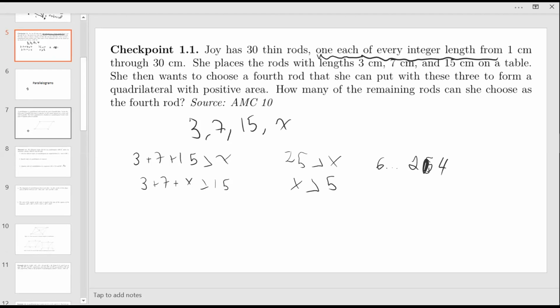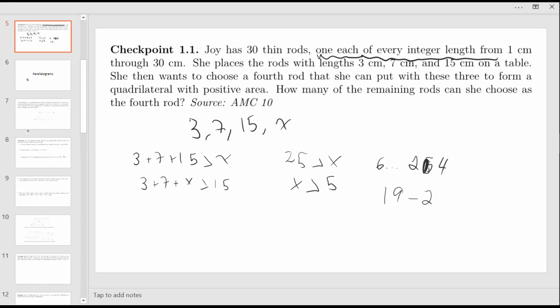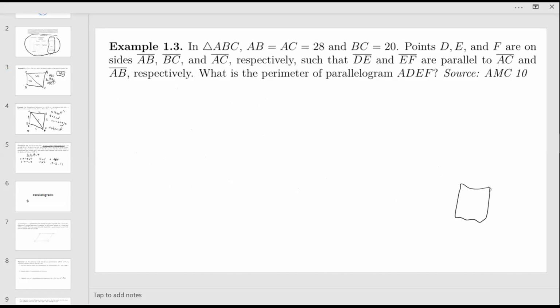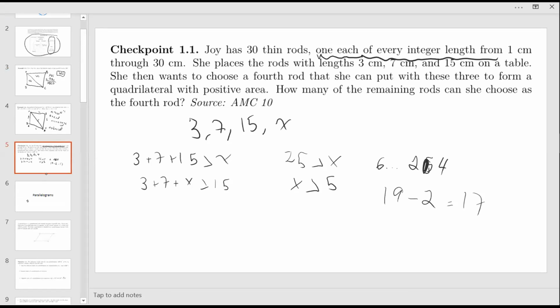So the number of entries in this range is 19, but we have to minus 2 because we can't have a rod of length 7 or 15. So that's just equal to 17. So in this problem, it's important that you keep track of your inequalities being strict and the fact that there's only one rod of each size.